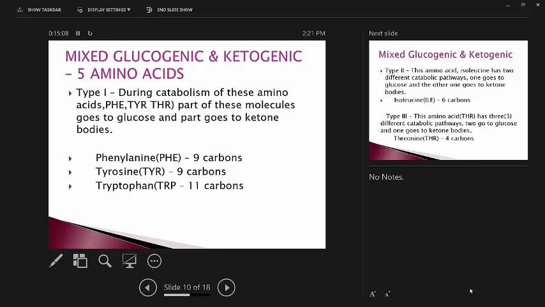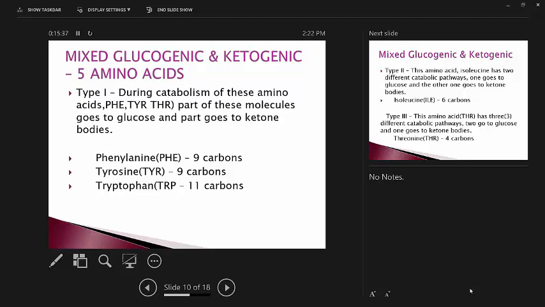Now, mixed glucogenic and ketogenic are 5 amino acids. So we had 2 that were ketogenic, 13 that were gluconeogenic, and now these are mixtures of both, and they can do it a couple of different ways. Everybody kind of see that? Type 1, during catabolism of these amino acids, and they are the aromatics, which is phenylalanine, tyrosine, and threonine, part of the molecule goes to glucose and part of the molecule goes to ketone bodies.